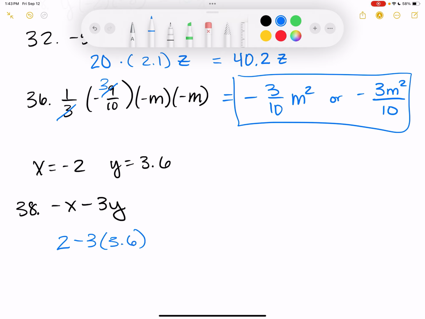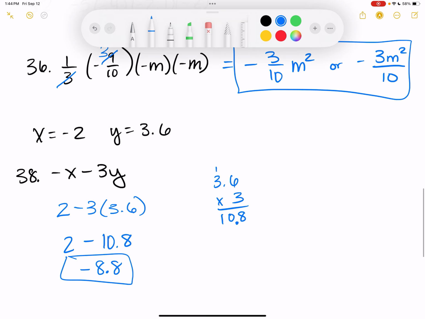So 3 times 3.6 would be what? 3 times 6 is 18. Move the decimal 1. So 10.8. So 2 minus 10.8 would be what? Negative 8.8. Yep.